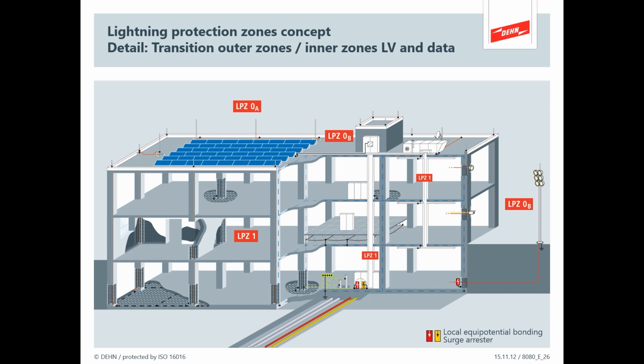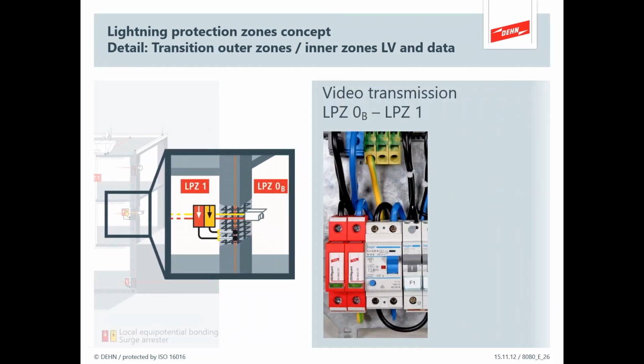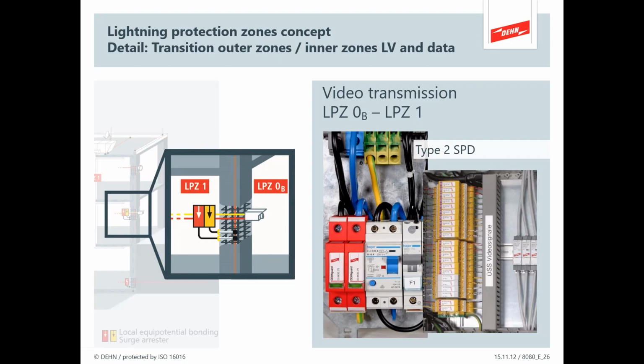So looking at another example now, and in this particular case, we're going to look at a very common application, which is CCTV. So the CCTV is outside, it's external, so it comes from 0B because it's underneath the protected area of the actual installation. And we will have power perhaps go into the camera, and we will certainly have a data line or a video line. And in fact, it could be a BNC connection or an Ethernet connection.